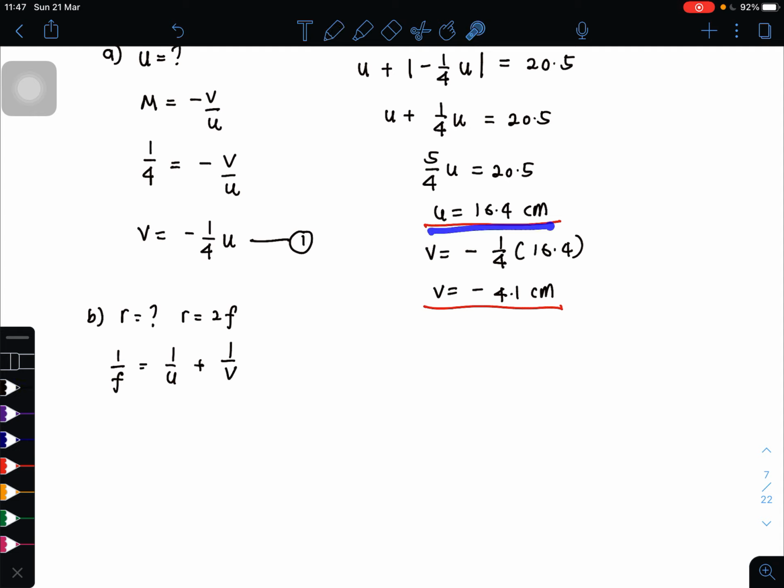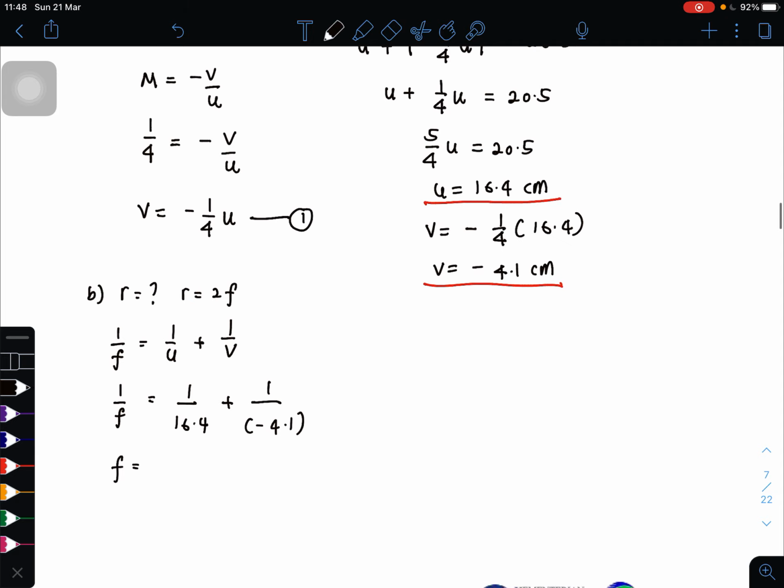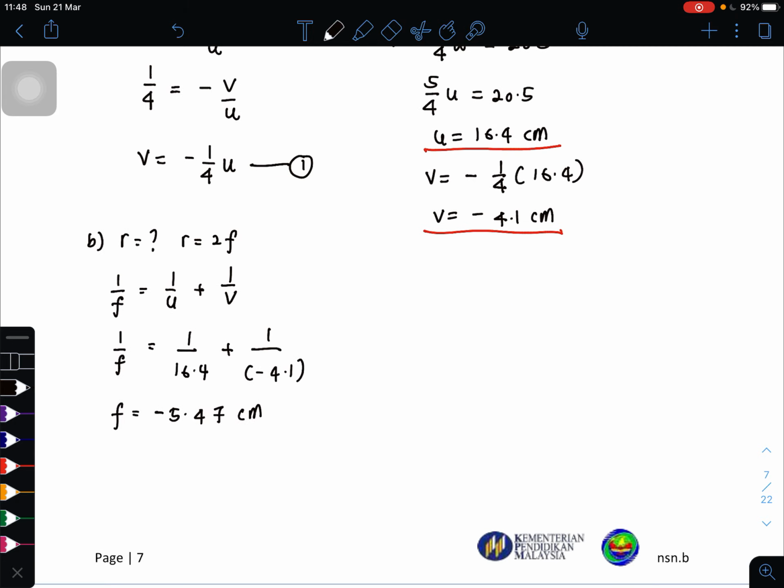Since we already have these two values for U and V, just insert 1/u, 16.4, plus 1/v. V is negative, so just include the negative, and then you will get F equal to negative 5.47 cm. So radius will be equal to 2F, which is 2 times 5.47.